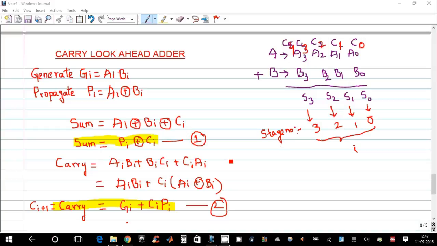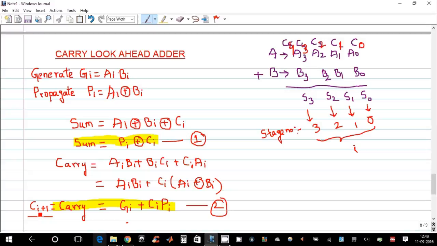This is C4. And anyway these are our stage numbers. So now we are giving this term Ci plus 1 to our carry. Why? Because for stage number 0, the carry is equal to C1. When we replace i with 0, 0 plus 1 is 1, so this represents C1. So this carry, with i equal to 0, is equal to G0 plus C0 P0, everything in terms of zeros because it is stage 0.